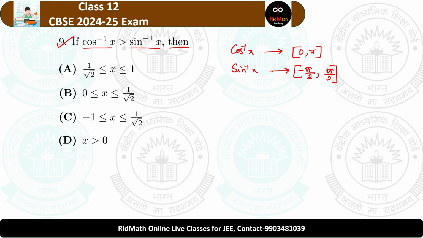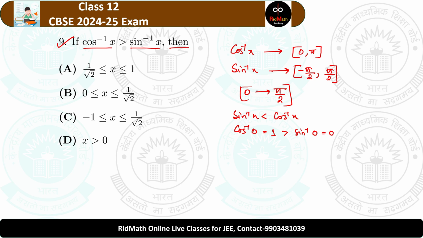Okay, so the intersection region is 0 to pi by 2. So in this region, sin inverse x is less than cos inverse x, because cos inverse 0 is equal to 1, which is greater than sin inverse 0, which is 0.